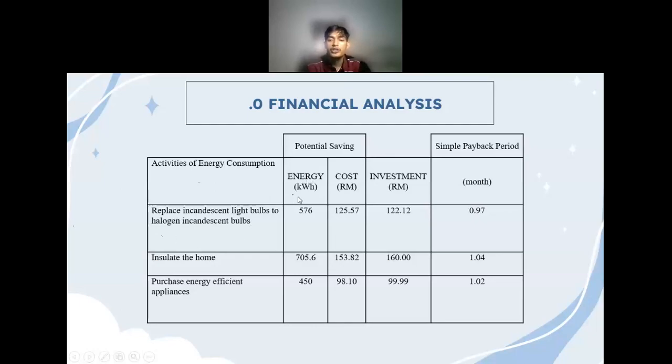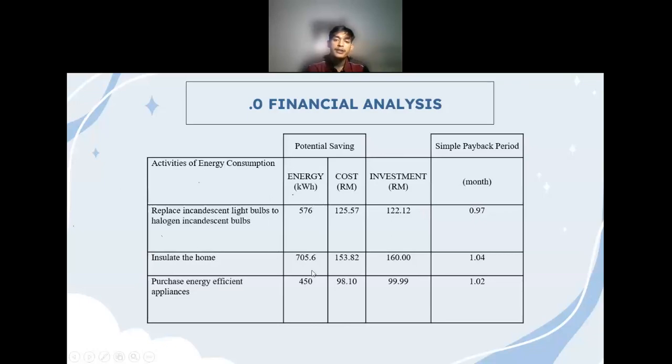The energy is 576 kilowatt per hour, and it costs 125 ringgit 57 cent, and then the investment is only 122 ringgit and 12 cent, and simple payback period is 0.97.